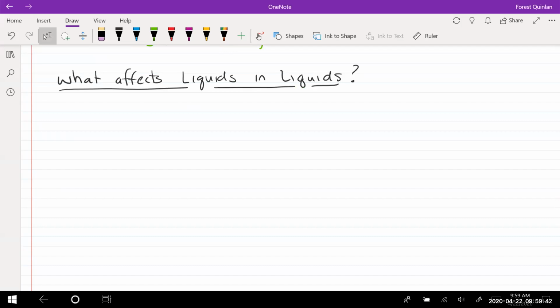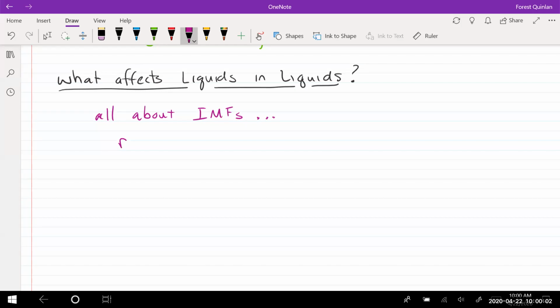What affects liquids and liquids? Since mixing with liquids involves all of our intermolecular forces, it is all about those intermolecular forces. It's all about the IMFs. And we talked about this when we talked about intermolecular forces, but we're going to reinforce it again here.